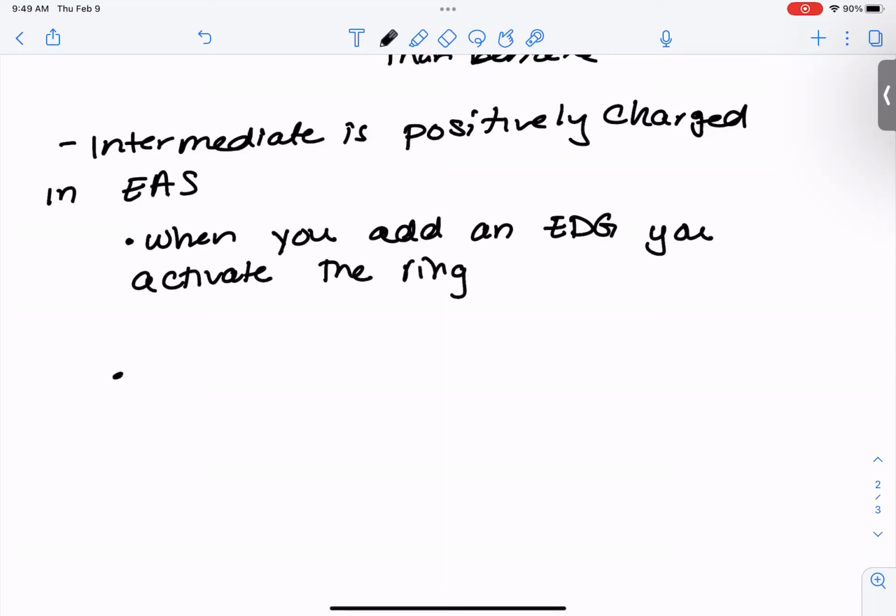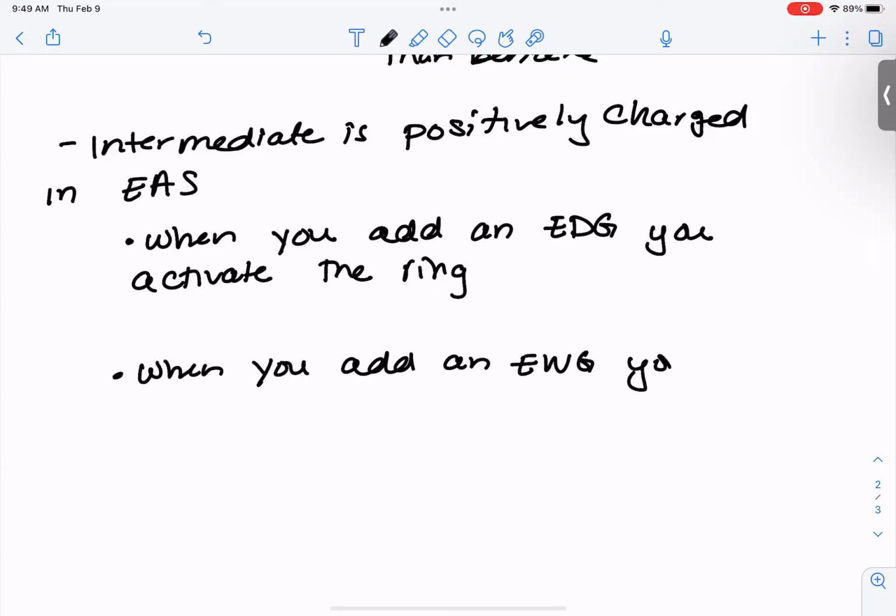If you put an electron withdrawing group on the ring, you deactivate the ring. So remember your electron donating groups.